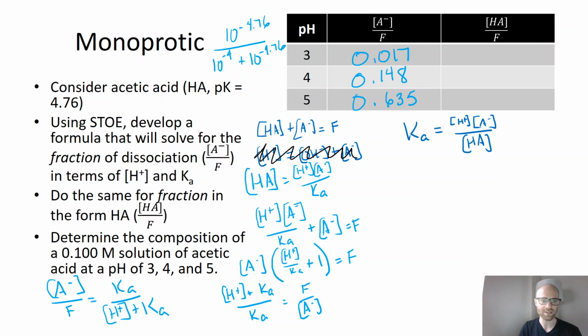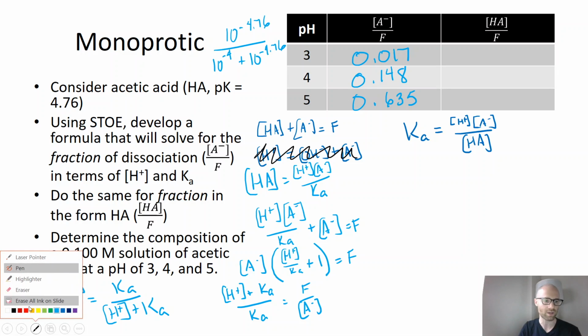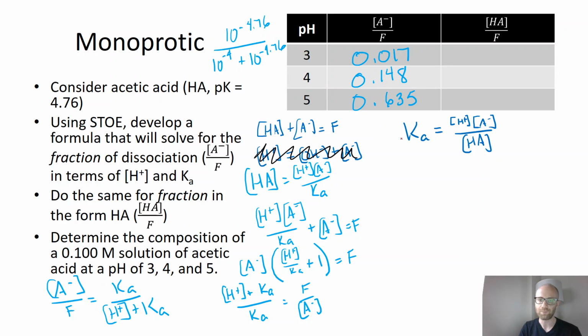Let's go through the process really quickly for the acid. There are some similar steps going on, so I don't think I need to show them all. Rewriting the Ka again to target the A minus, A minus is going to be equal to Ka times the concentration of HA over H plus.